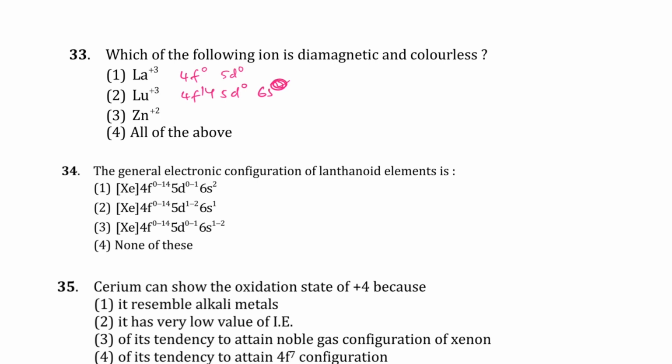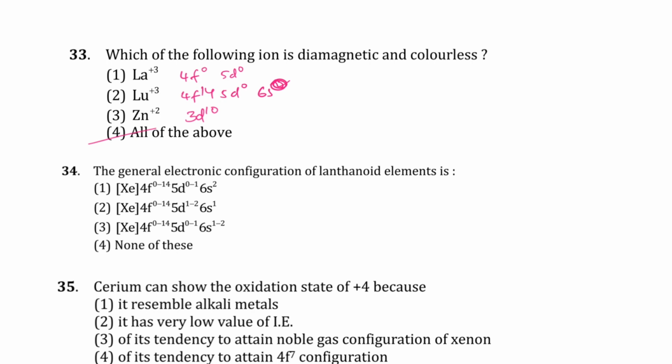And zinc, we know, is 3d10. So 4f0 means empty, 4f14 means all paired, and d10 also all paired. So all of these are diamagnetic.